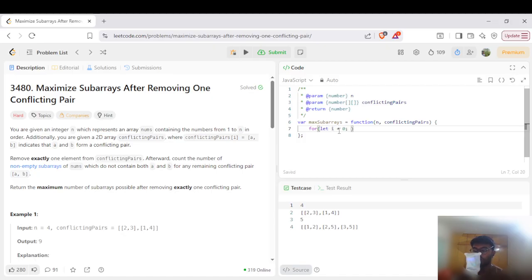So m would be the length of conflicting pairs.